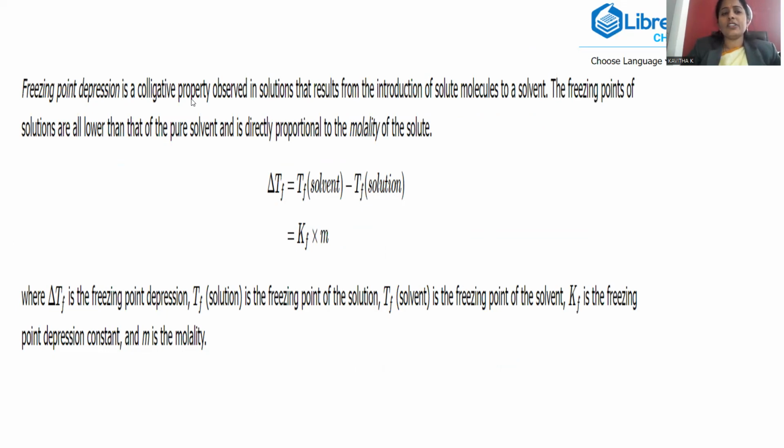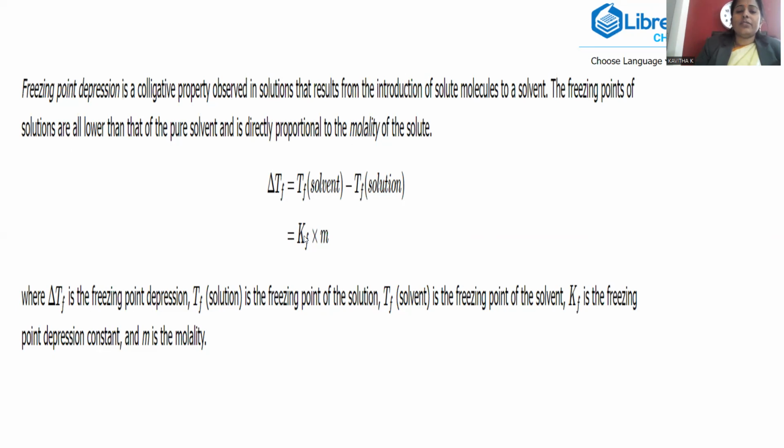Freezing point depression is the colligative property observed for solutions on introduction of any solute. Here the solute is ethanol. On adding the solute to the solvent, the freezing point of the solution is lower than that of the pure solvent, and the lowering is directly proportional to the molality. The extent to which the freezing point decreases is proportional to the molality of the added substance.